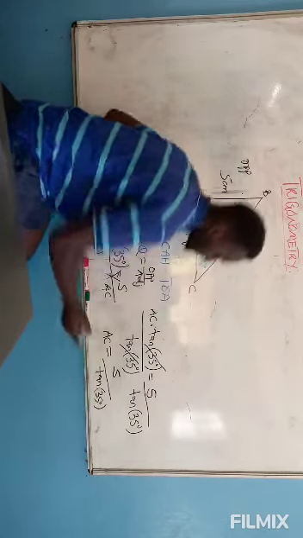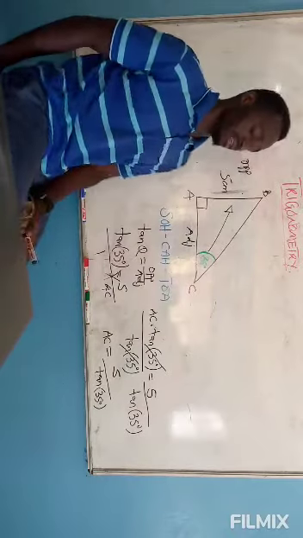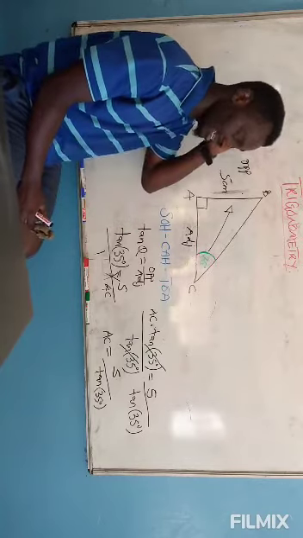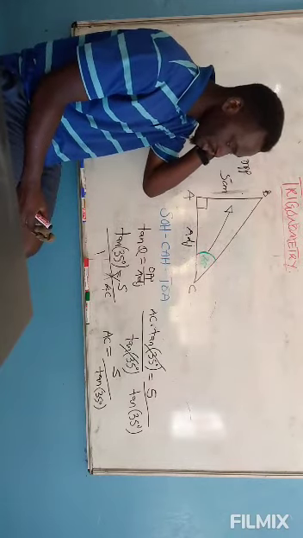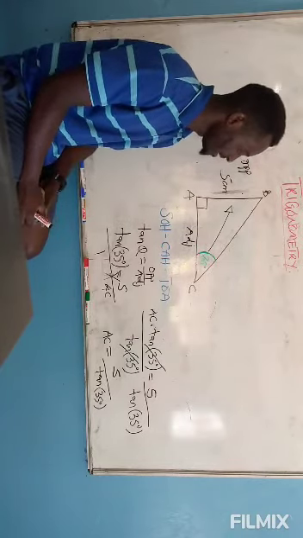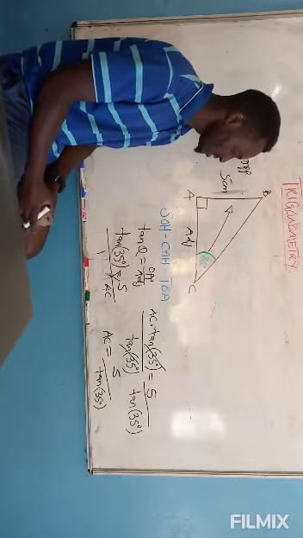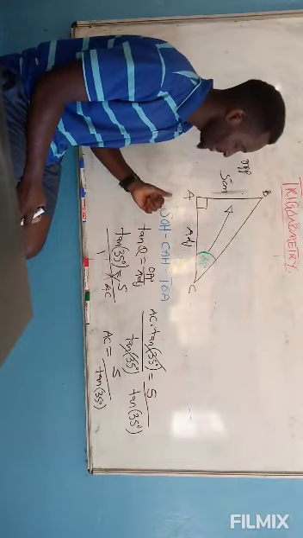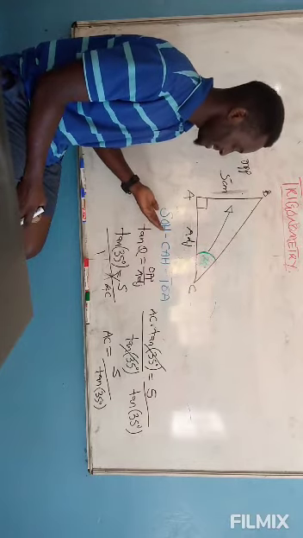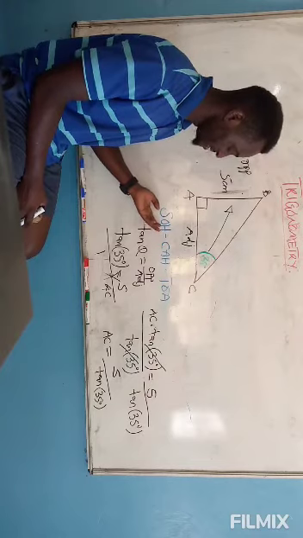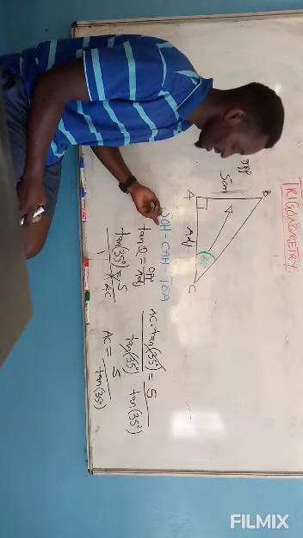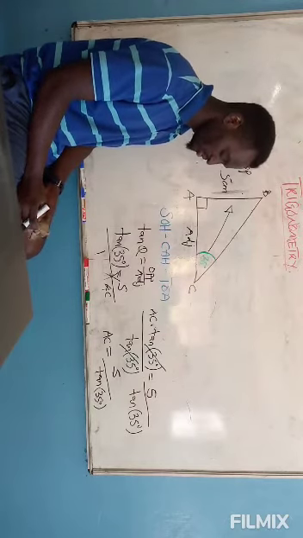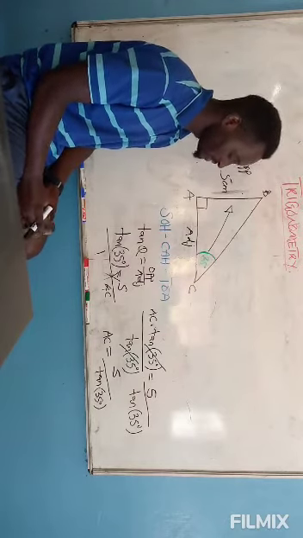With the calculator, you can punch that, and I'm definitely sure that you will get your answer correct. Now, that is how you can apply the SOH-CAH-TOA concept, the three main trigonometric ratios, to solve your problems.